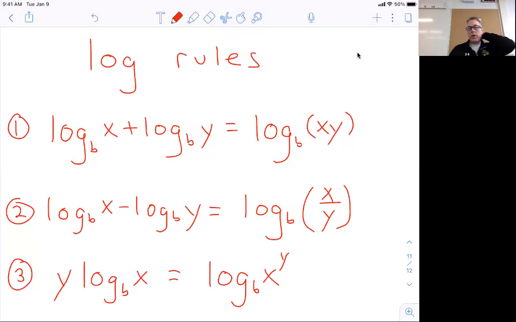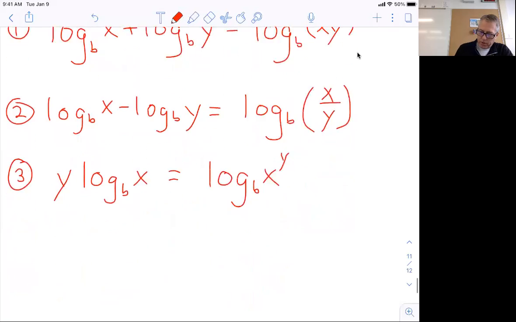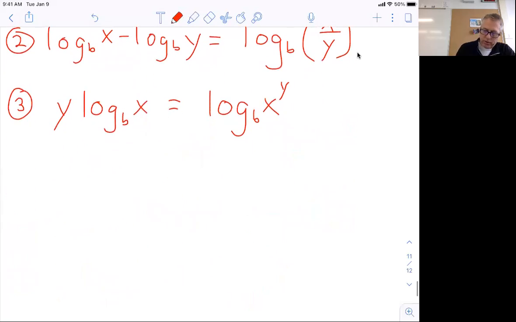So those are our 3 rules of logs that we're going to use to condense in our next couple examples. All right, I'm going to scroll up here. I hope I'm not moving too quickly, you guys. I know that's a lot to write down.